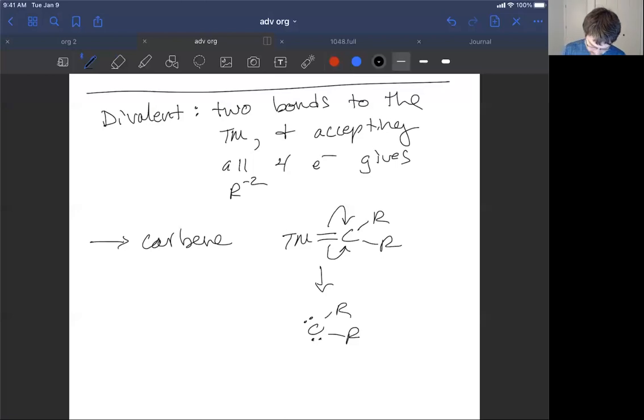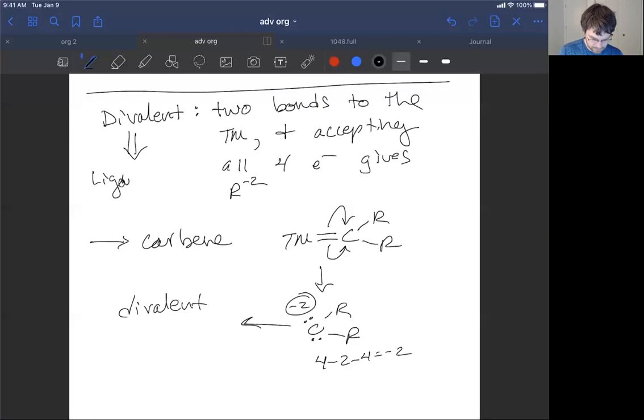And if we look, we've got a group 4 element, minus 2 bonds, minus 4 electrons is equal to -2. We don't usually play with this too much, -2, so we say it's divalent. And the thing about divalents is they actually provide 2 electrons. Ligands that donate 2 electrons.